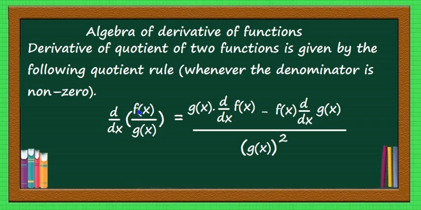That is d by dx of f of x divided by g of x is equal to, see here in this formula, first you have to write the denominator, that is g of x, into d by dx of f of x minus f of x into d by dx of g of x, whole divided by g of x whole square. And this is called the quotient rule. When the quotient of two functions is given, you have to apply this formula.